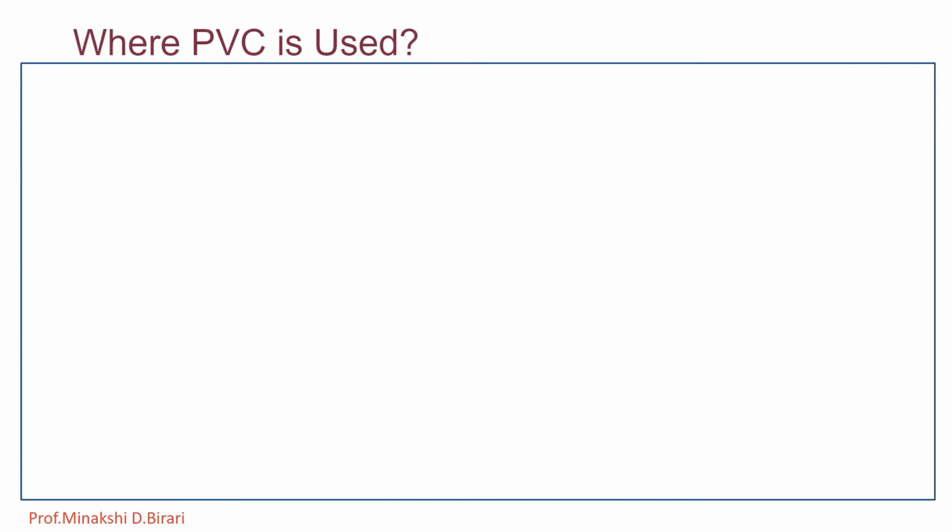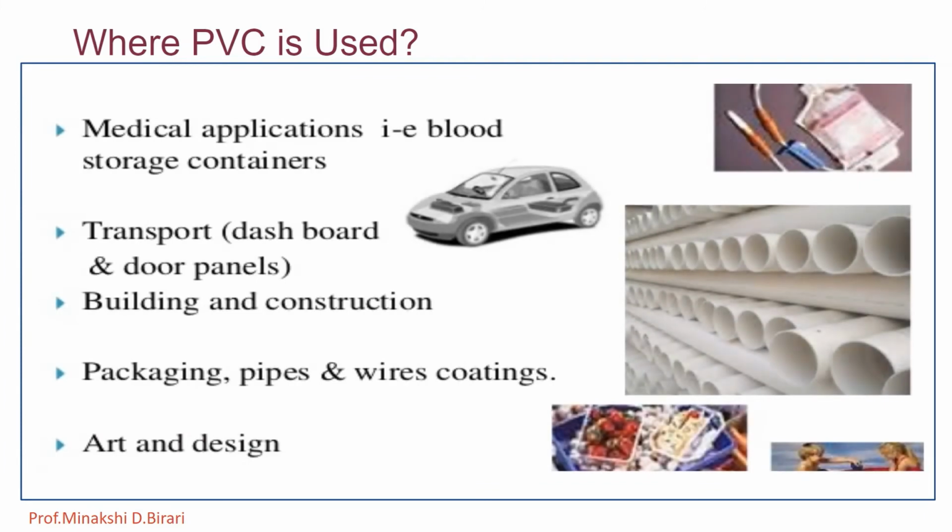Now, where can PVC be used? What are the uses and applications of polyvinyl chloride? There are a number of applications. First, it is used in the medical field. There are medical applications, that is, blood storage containers can be prepared by using PVC. Also transport, dashboard and door panels.